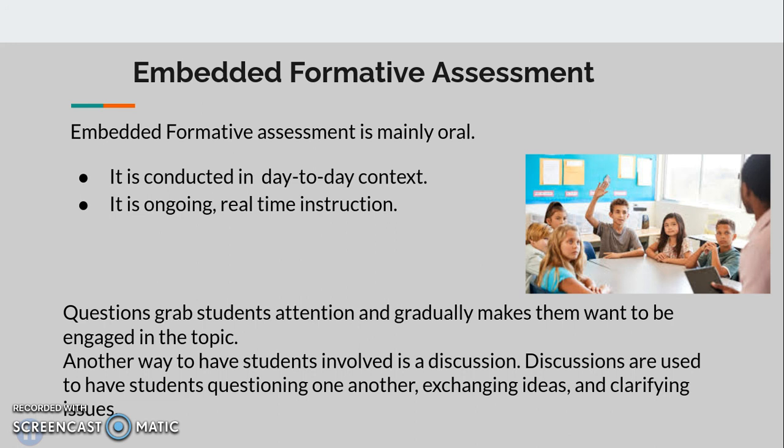Another way to have students involved is a discussion. Discussions are always used to have students questioning one another, exchanging ideas, and clarifying issues. This gathers data during the classroom learning. This can include small group projects and discussions, and this helps us make informed decisions on individuals or the group.